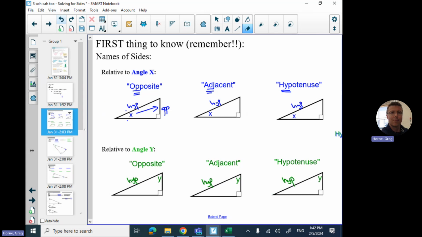Maybe I'll just put them all in, because when you're trying to identify the adjacent side, the hypotenuse needs to be labeled. If you're standing in this corner of a room, the sides beside you, or adjacent to you, are these two here, this one and this one.